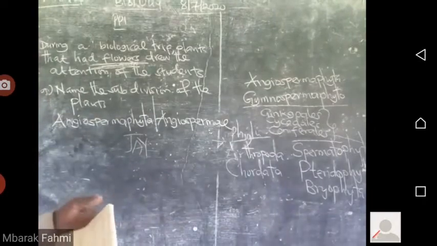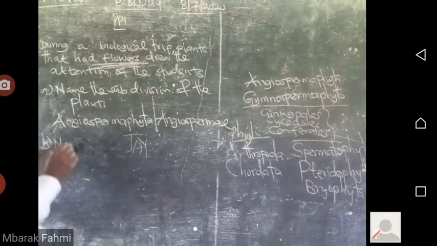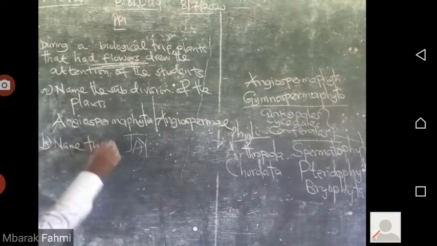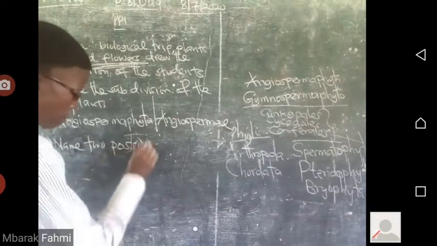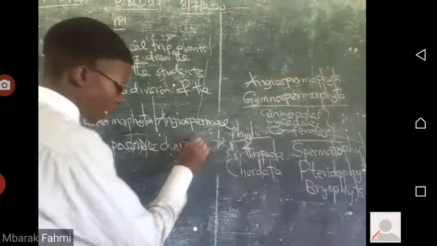Let's go to another question. Part B, you are being asked, name two possible characteristics.